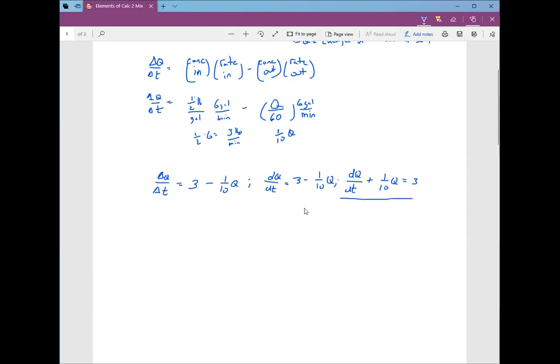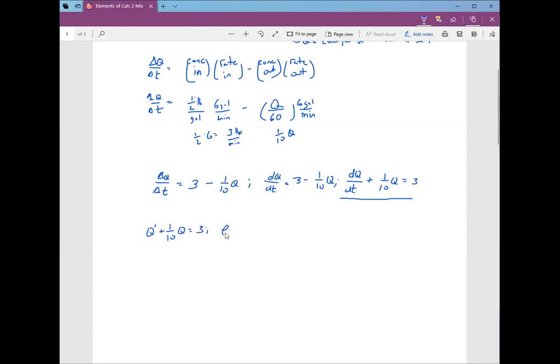This looks like a first order linear differential equation that we can use an integrating factor on now. All right, so let's go ahead. I'm going to rewrite dQ/dt as just Q', plus 1/10 Q is equal to 3.